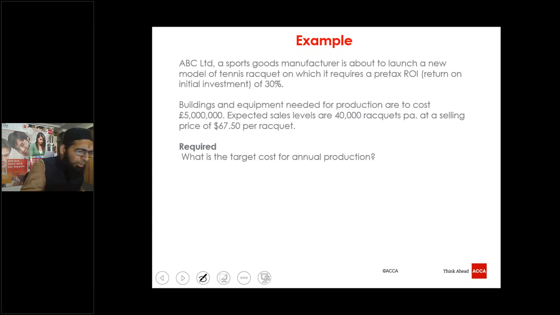There is a bit of confusion that a few of the information is in pounds and the others are in dollars. So just make it dollars. All this information is in dollars. The expected sales level is 40,000 rackets per annum at a selling price of 67.5 per racket.